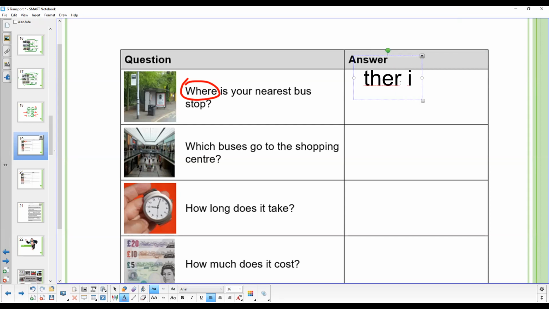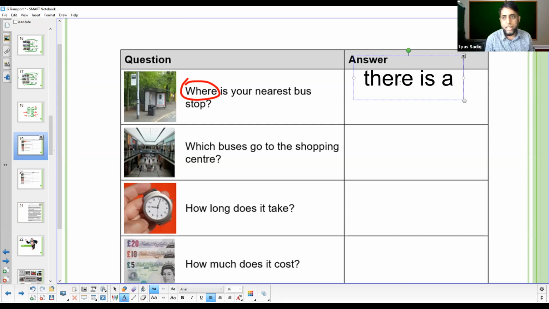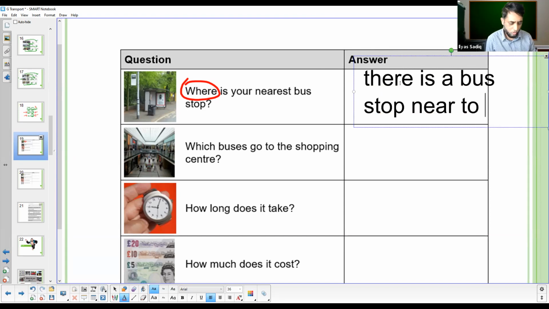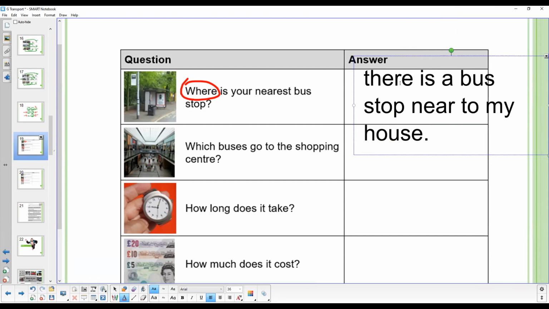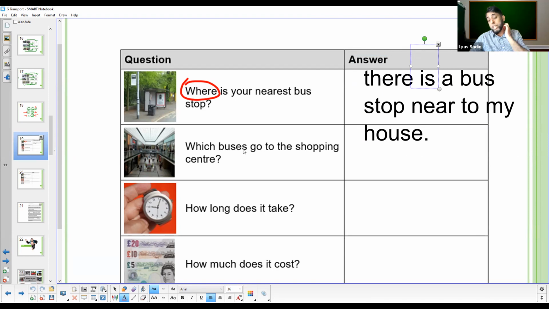Yeah. There is a bus stop near to my house. You can just say that. That's it, right? So this is how we can say that. Okay. Which buses mean there are many buses. Sometimes they go in some direction. So which buses go to the shopping center?